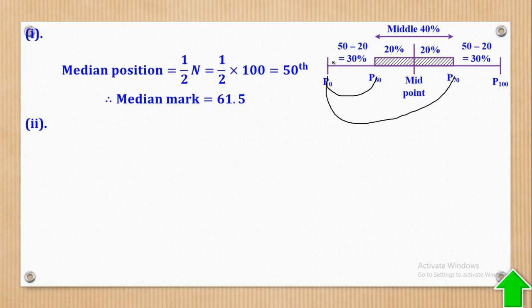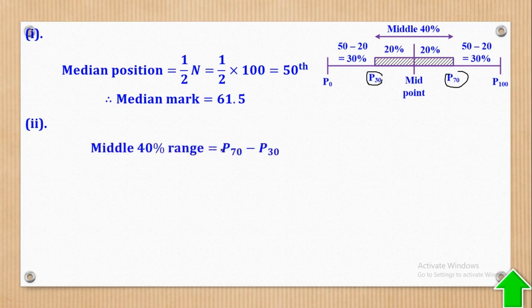It will be 30 plus 20 plus 20, which is 70, therefore it is P70. Now what do we learn from that? It means that the middle 40% is the 30th to 70th percentile range.